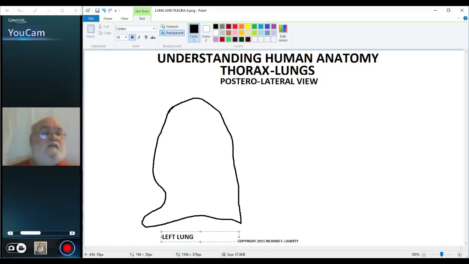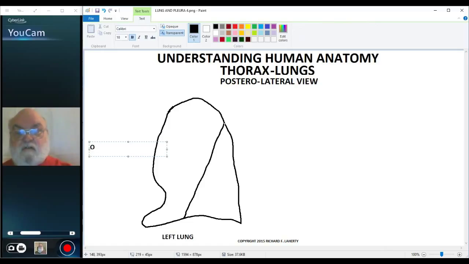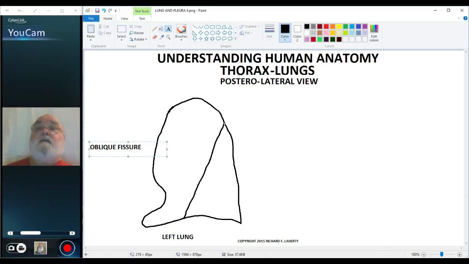And again, I'm going to draw in the oblique fissure. So that, and a line going to it.